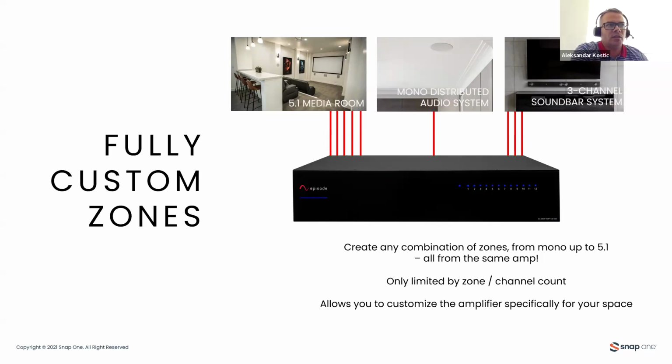Regarding the configuration, for example for the 12-channel amplifier, how you organize the channels is all up to you. It is fully flexible. You can create 2 zones of 5.1 channels, or you can create 6 zones of stereo channels, or you can use only 1 channel like a mono zone.